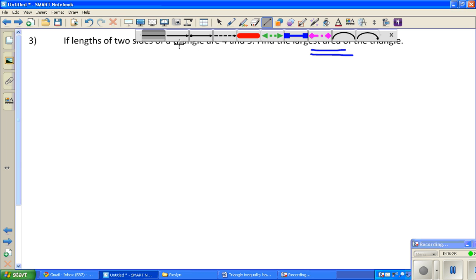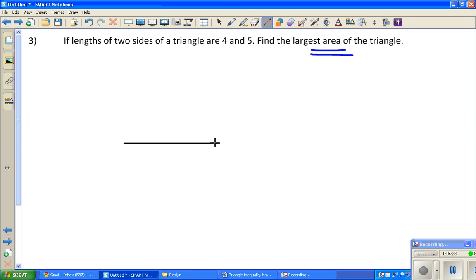For example, what if you were to say this length is 5, and I'm going to just use the red, and the other length is 4. So 4 can be this way, as an example. That is quite possible. Or it can be here, or it can be here. It can be anywhere we want it to be. It can go around anywhere we want it to be.